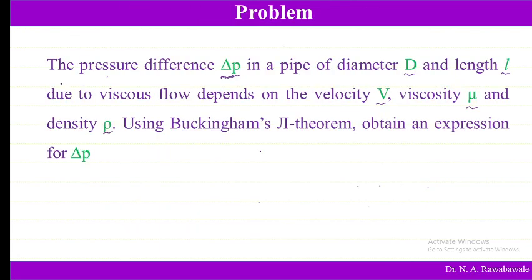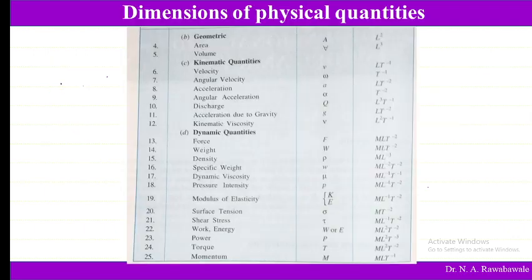So now we take these terms. The very first term is delta P, which is pressure. This pressure is going to depend on diameter, length, velocity, viscosity, and density. So we will collect these terms.